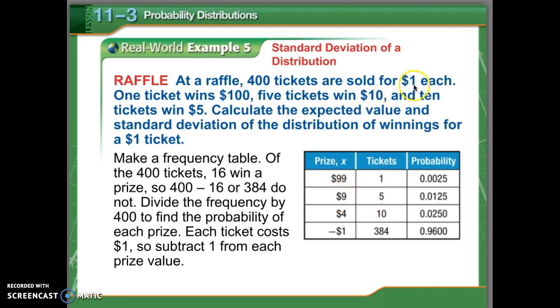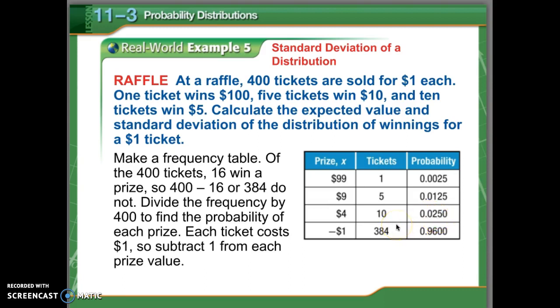You win 10, you paid 1, you win $9. So 5 divided by 400 is 0.0125. There's 10 tickets that win $5, but they paid $1, so their prize is actually $4. So if you take 10 and you divide by 400, you get 0.025.